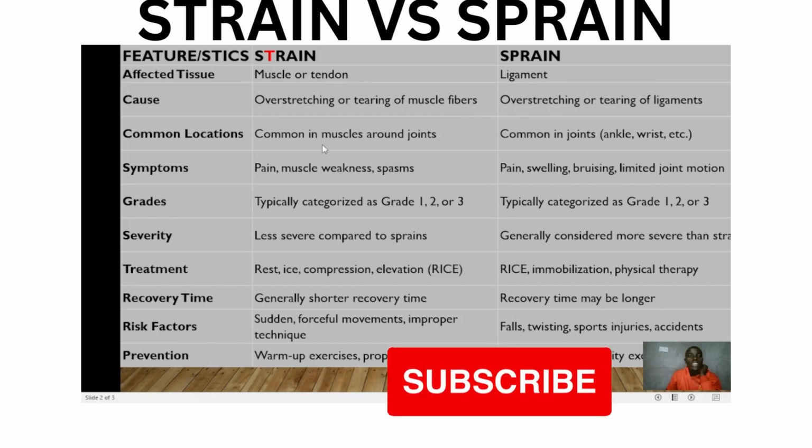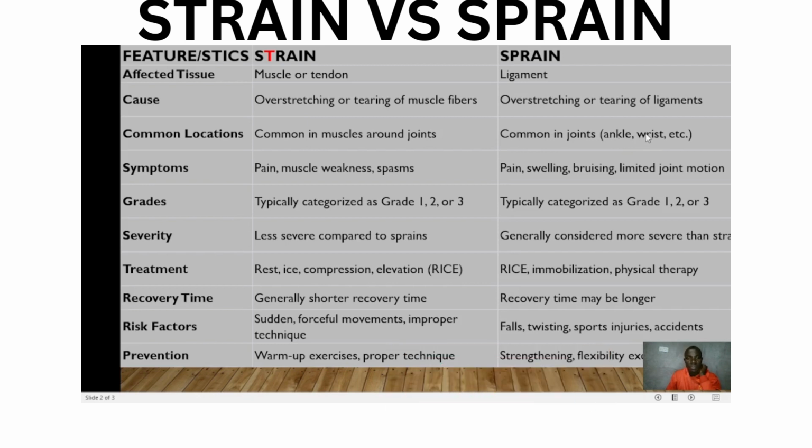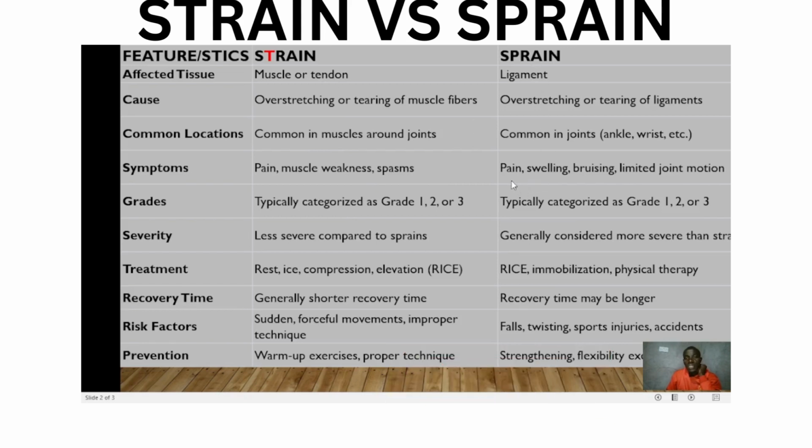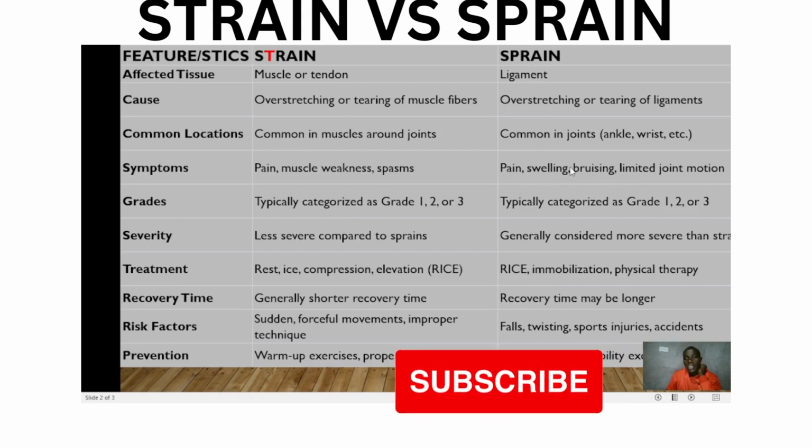Strains are common in muscles around joints, while the sprains are common in joints, especially the ones at the ankle or the wrist. We have pain, muscle weakness, and spasms for strains. And in terms of symptomatology, the sprain presents with pain, swelling, bruising, and limited joint motion.